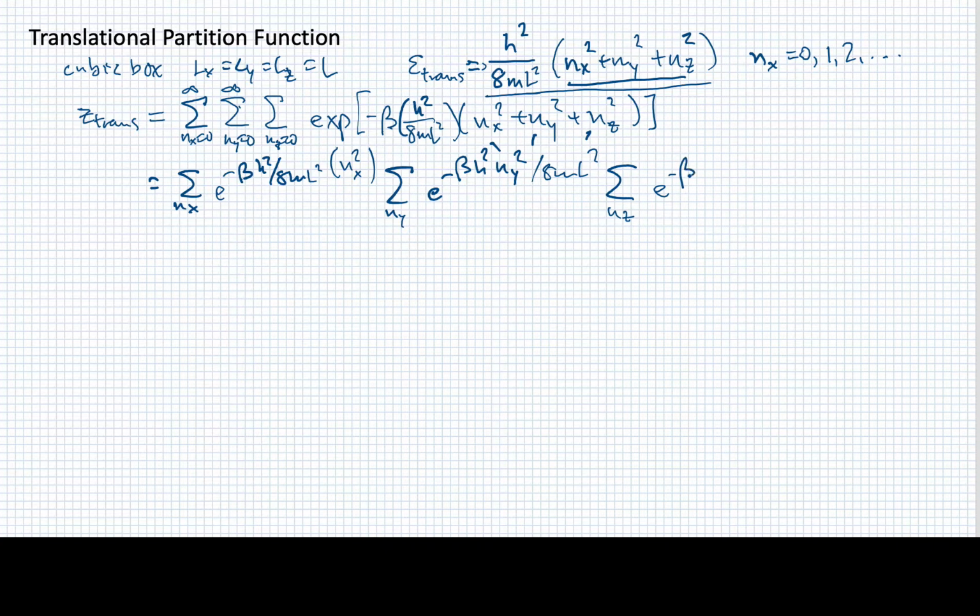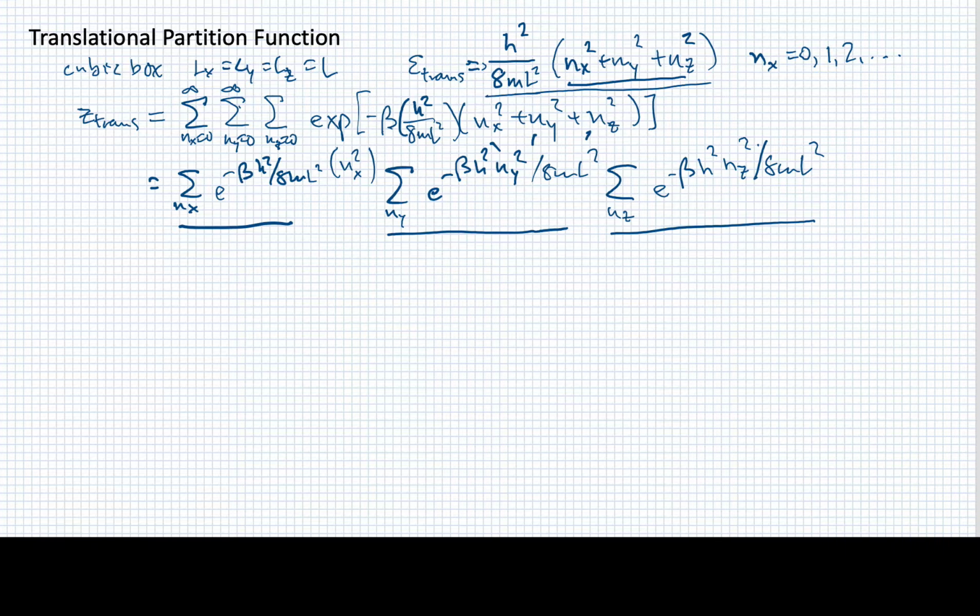But all three of these summations are going to give me the same answer because I'm summing over the same values of n, and I've got the same constants in here.